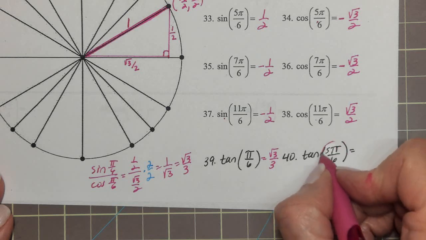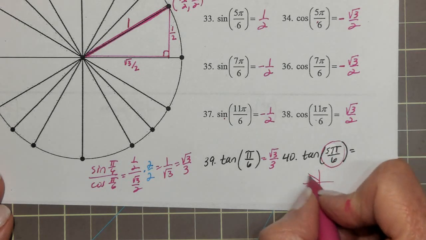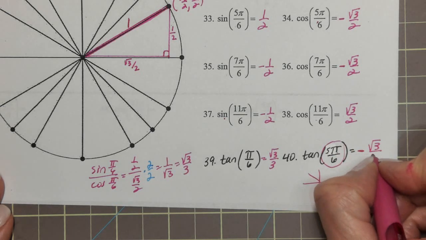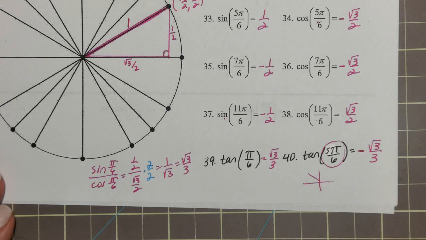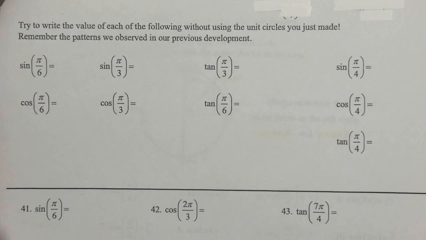In the second quadrant, 5 pi over 6 is in the second quadrant. Tangent is negative, so negative square root 3 over 3. Alrighty. That was a bit, but those all go together.